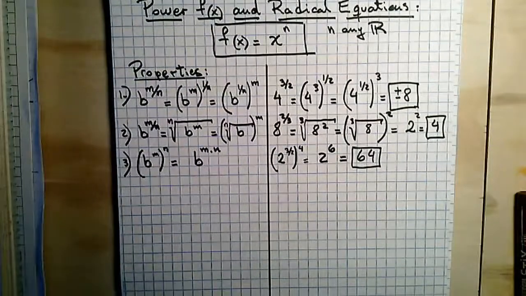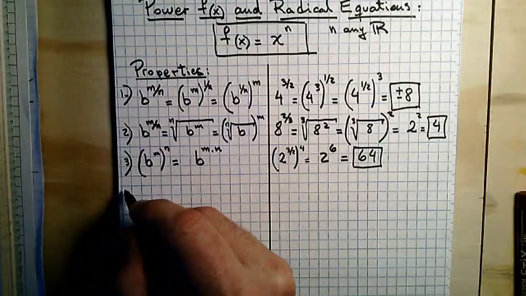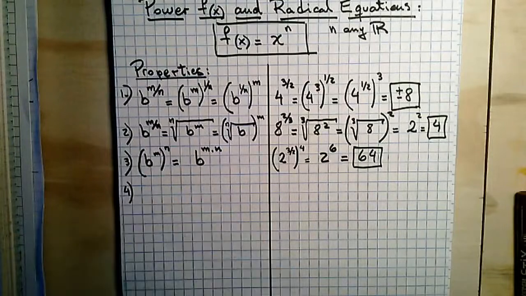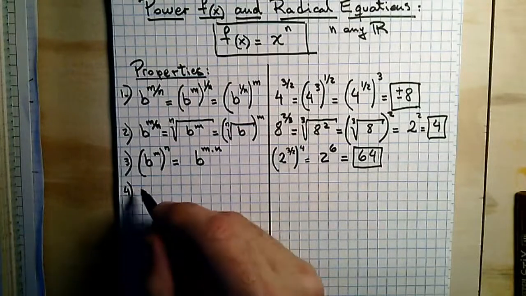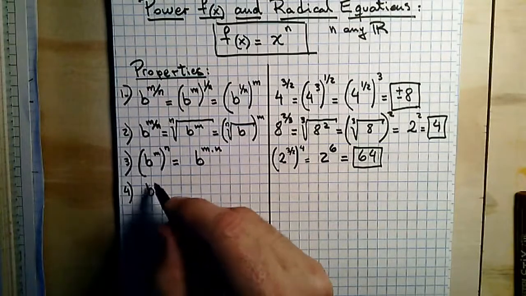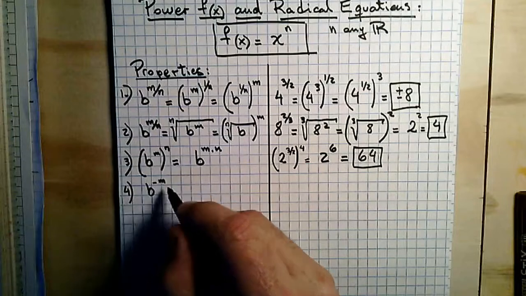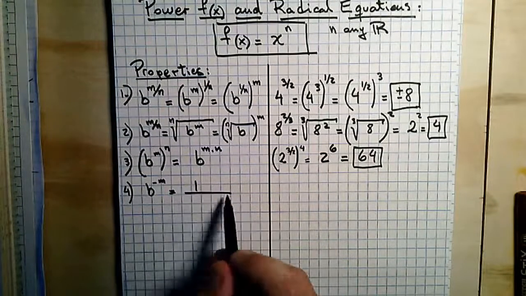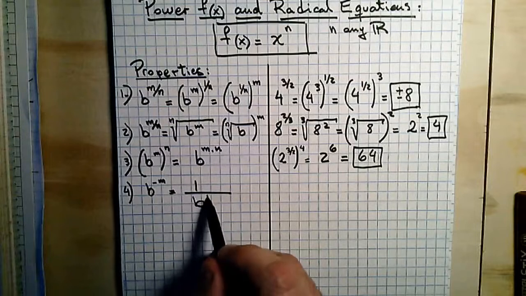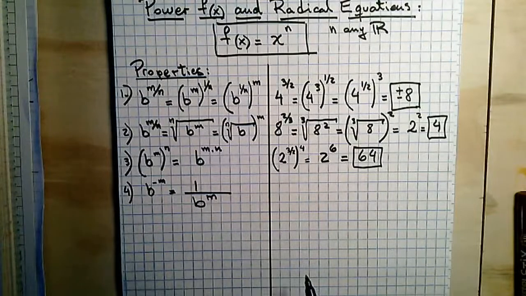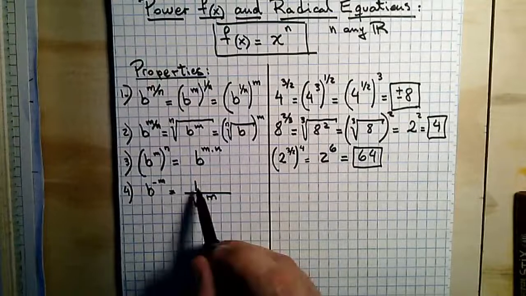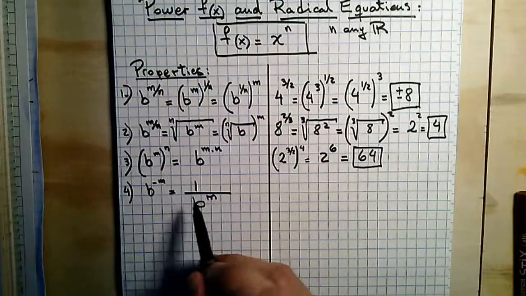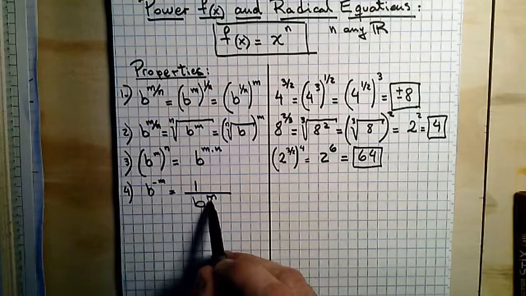Remember, I am doing a review here of the properties that then we are going to apply to solve the power functions. B to the power of negative m is going to be 1 divided by b to the power of m. So when it's a negative exponent, I need to do 1 divided by b, and now the exponent is going to be positive.